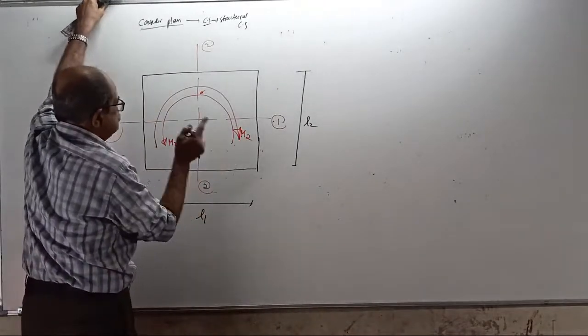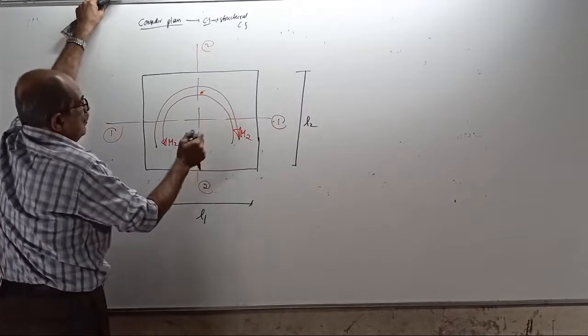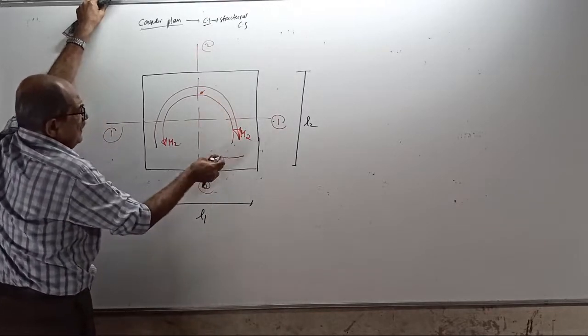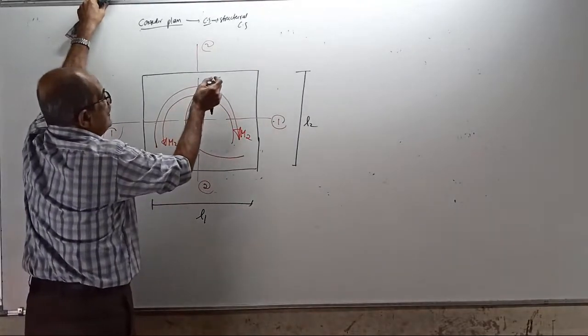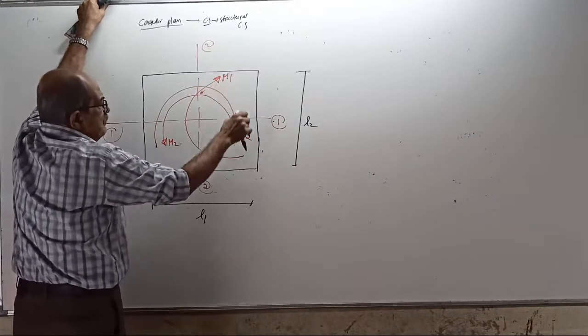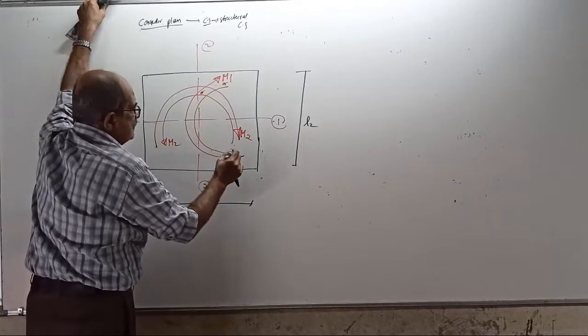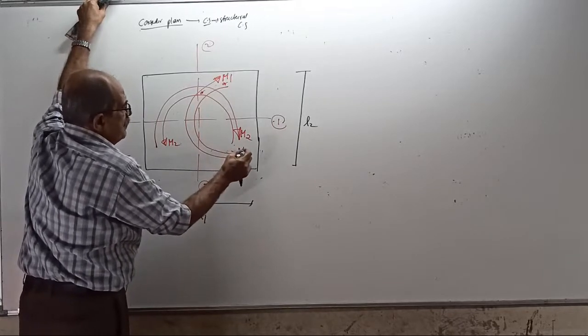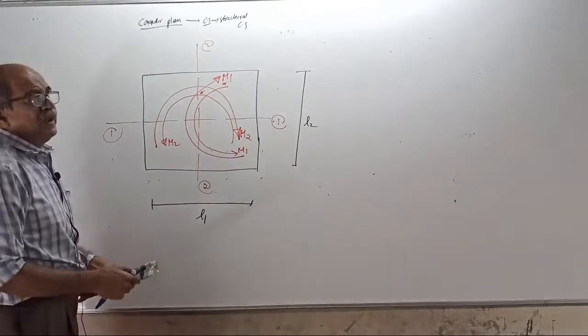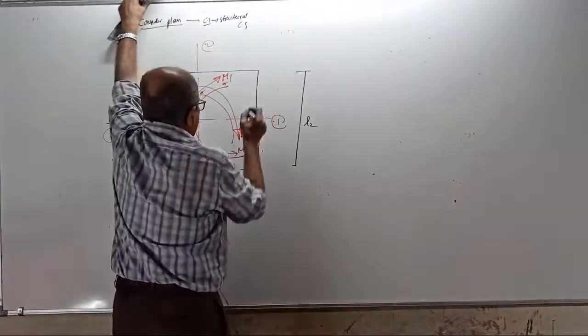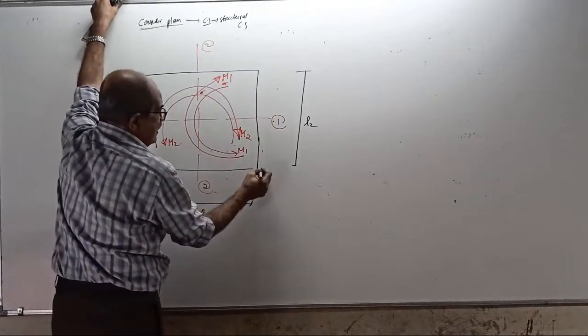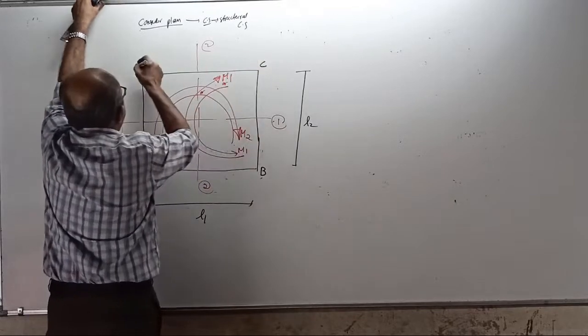This is M2. Now next, this is your M1. It can be like this, or it can be like this. Only one arrow mark. Start. A, B, C, D, the four corners.